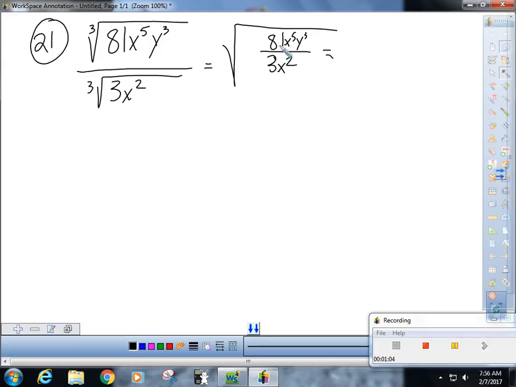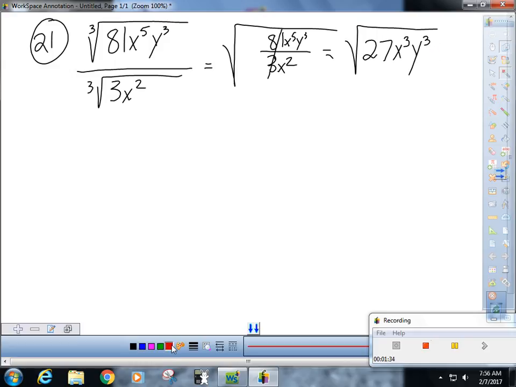So 81 divided by 3 is just 27. Okay? And x to the 5th divided by x squared, well, that's x times x times x times x times x, 5 times, divided by x times x, 2 times, and that's x cubed. And then the y cubed just stays the same. So now we've got a bunch of perfect cubes.